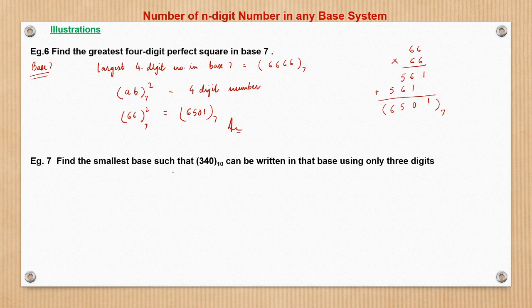So find the smallest base, right? So basically what it is asking is that 340 can be written as A, B, C, some 3 digits in base n. So we have to find the minimum n.